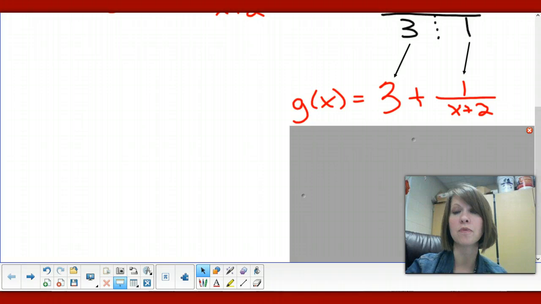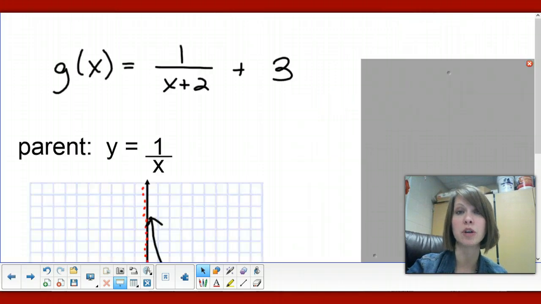Okay, so now let's talk about how to graph that using transformations, which is also what it says. Instead of writing 3 plus the fraction, I'm putting the fraction plus 3. That's the way you saw it in the first homework assignment towards the end of that first individual assignment on Math Excel.